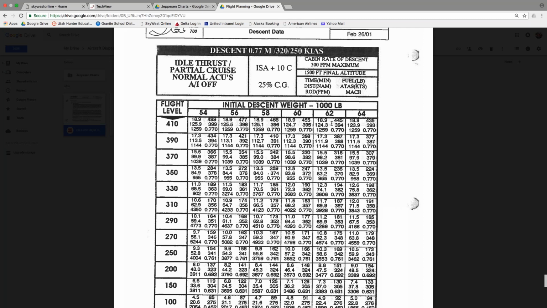And how do we figure out our landing? So our landing weight was what? 60,000. So landing was 60,482. Okay, what do we do to this number to figure out the weight we're going to use for our performance chart?